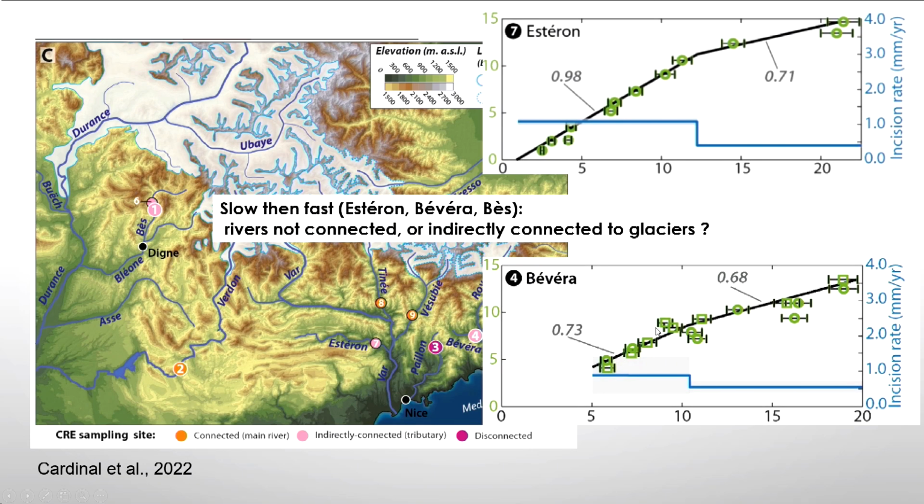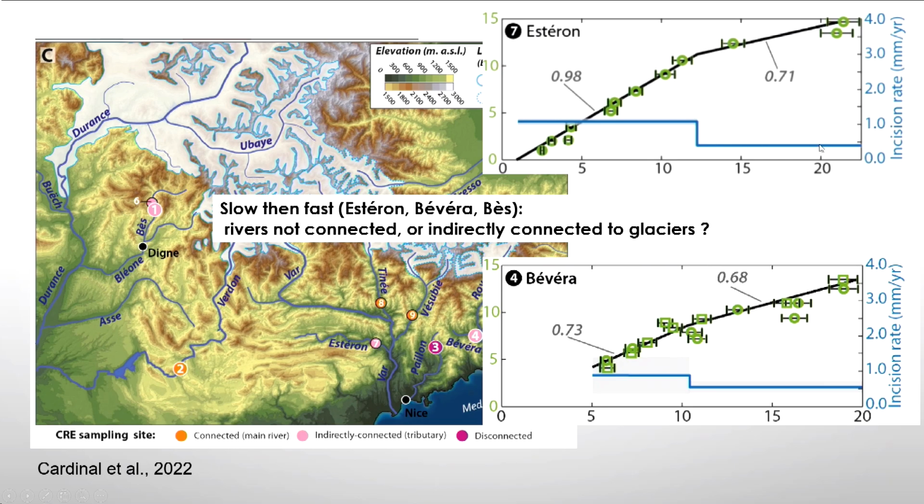Whereas, if we look at the rivers which were not directly connected to glaciers, meaning that along their stream there was no glacier, but they were tributaries to a main river which was covered by glaciers, so indirectly connected, it's the opposite.